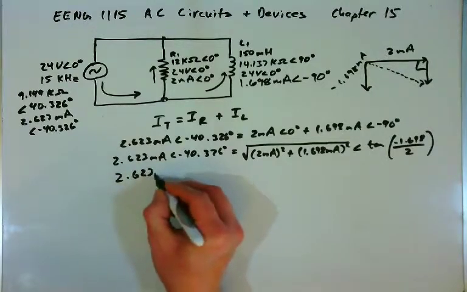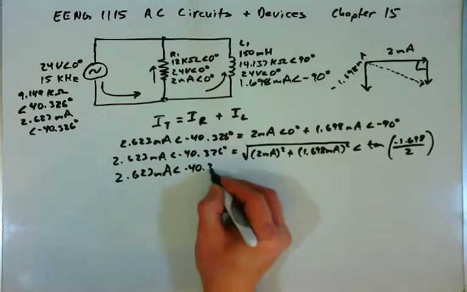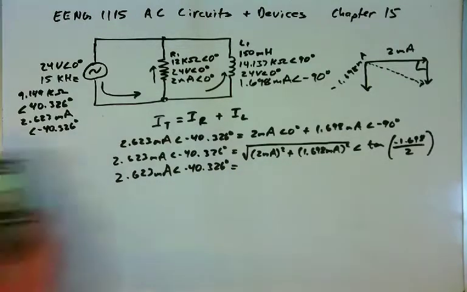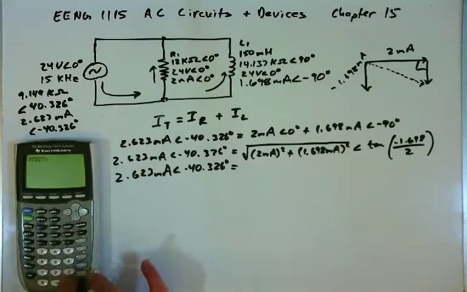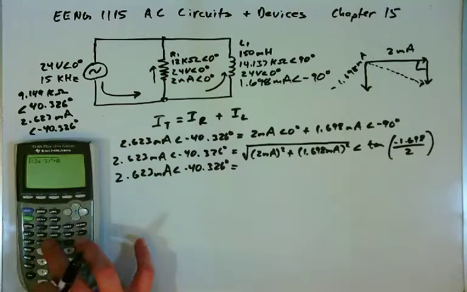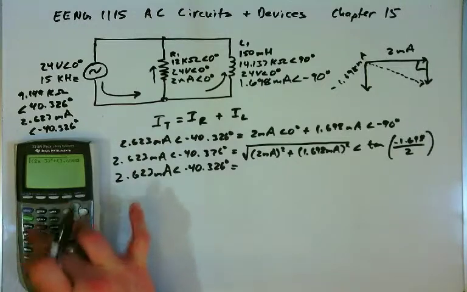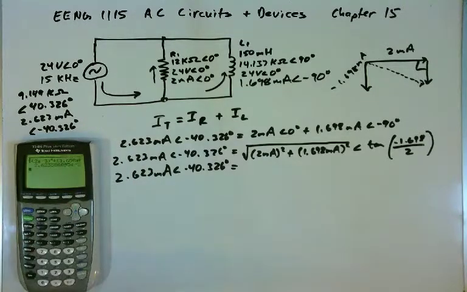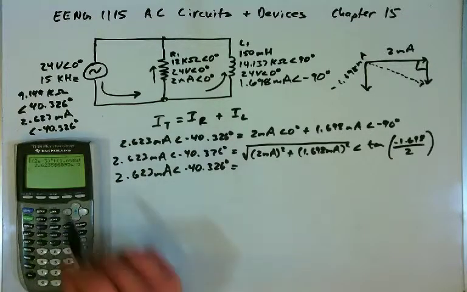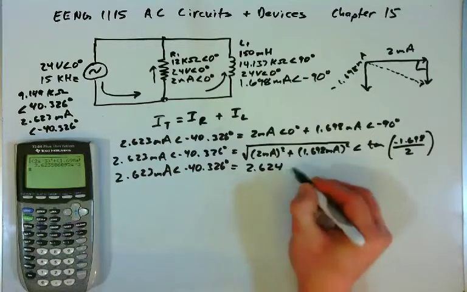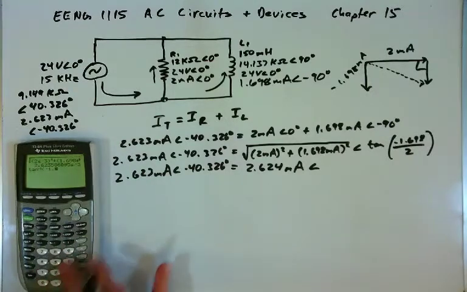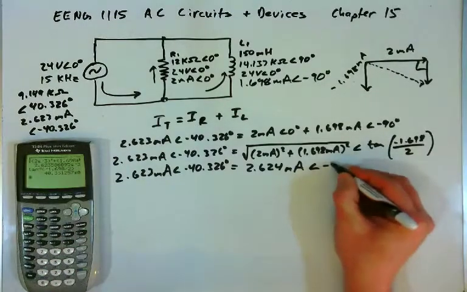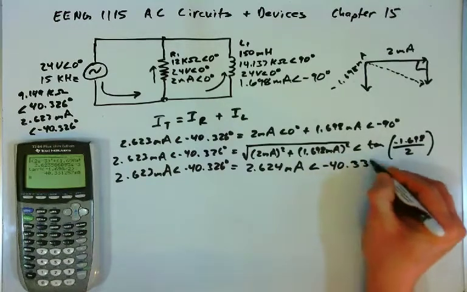And so the total current, 2.623 milliamps at negative 40.326 degrees, should be equal to the square root of 2 milli squared plus 1.698 milli squared, and we get 2.624 milliamps, and the angle will be the inverse tangent of negative 1.698 divided by 2, and we get negative 40.331 degrees.